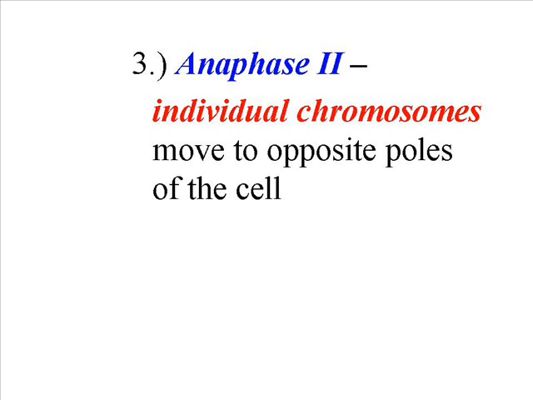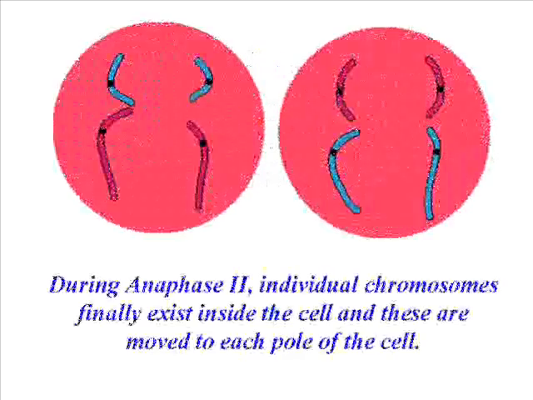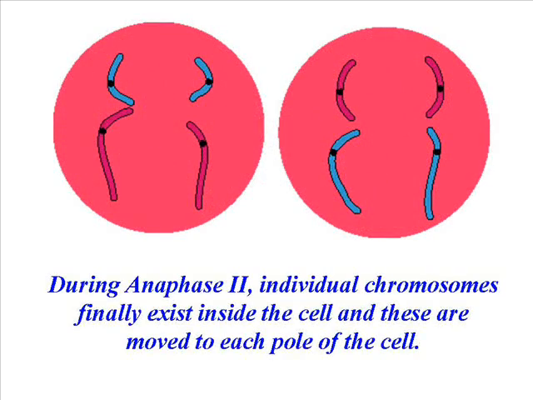Now, with anaphase 2, at this point, you finally have individual chromosomes moved to opposite ends of the pole of the cell. And so only during this part of meiosis will individual chromosomes finally appear.